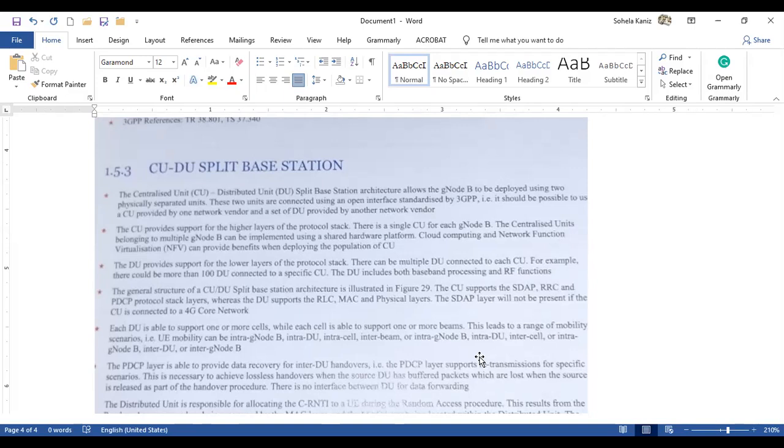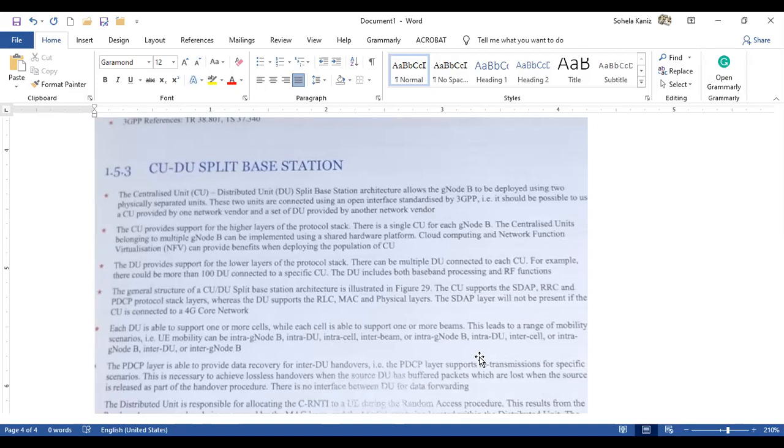You may even just deploy the central unit, a single unit to which you connect all the small base stations. And you can have a contract with another vendor to deploy those base stations. So you can split the investment or the operation.